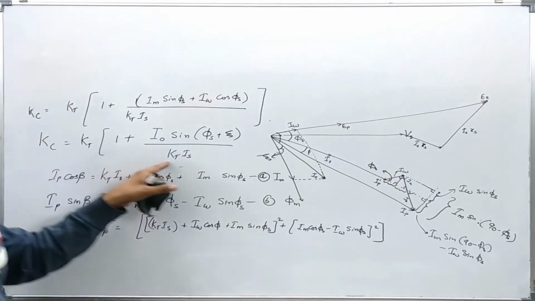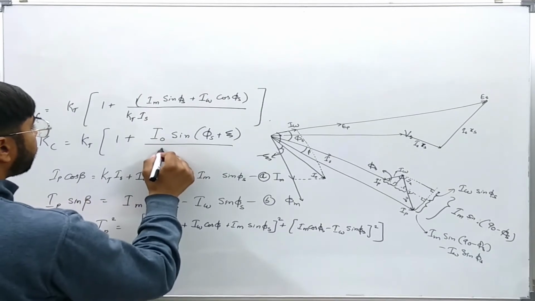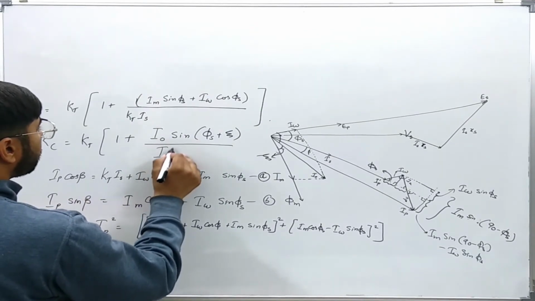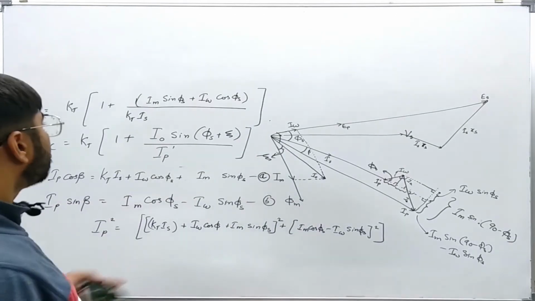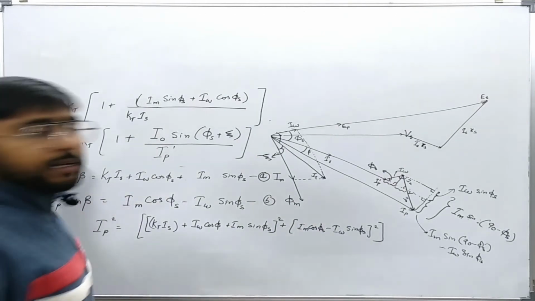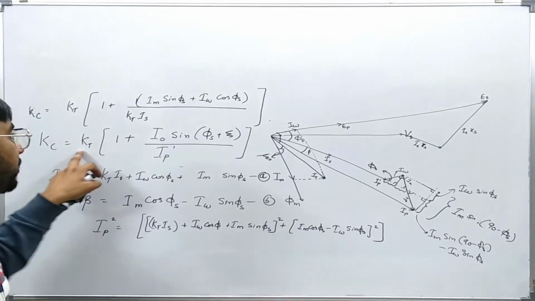This K_T I_S is nothing but I_P dash. Okay, so this is the expression for the effective turns ratio in terms of the nominal turns ratio.